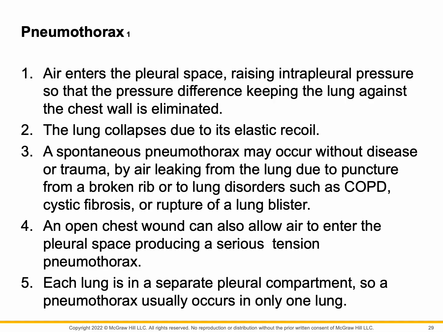An open chest wound can also allow air to enter the pleural space, producing a serious tension pneumothorax. Each lung is in a separate pleural compartment, so a pneumothorax will usually only occur in one lung and not both at the same time.